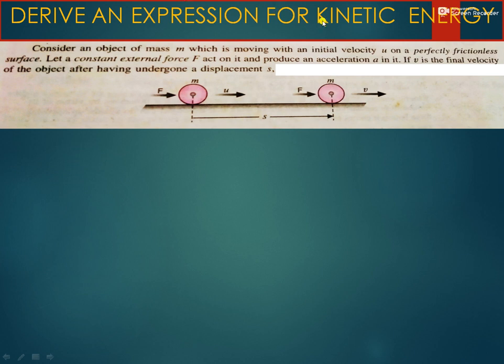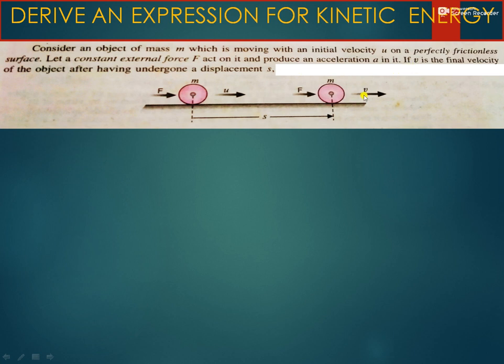So let us derive an expression for kinetic energy, a formula to find out the kinetic energy of an object. For this, we will consider an object of mass m, moving with an initial velocity u on a perfectly frictionless surface. Let a constant external force F act on it and produce an acceleration a in it.